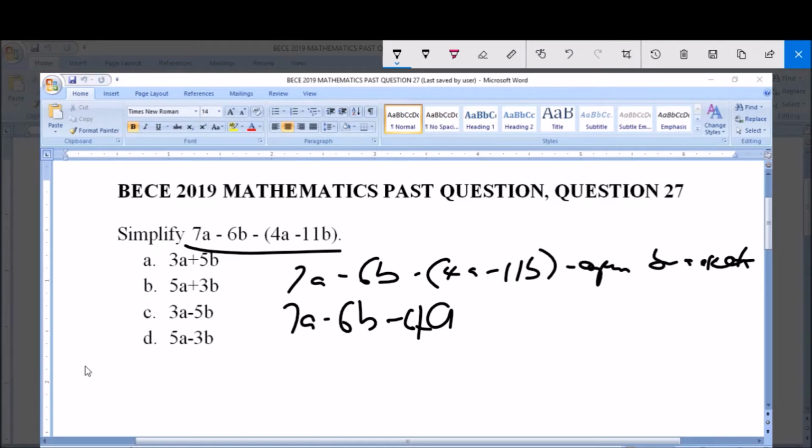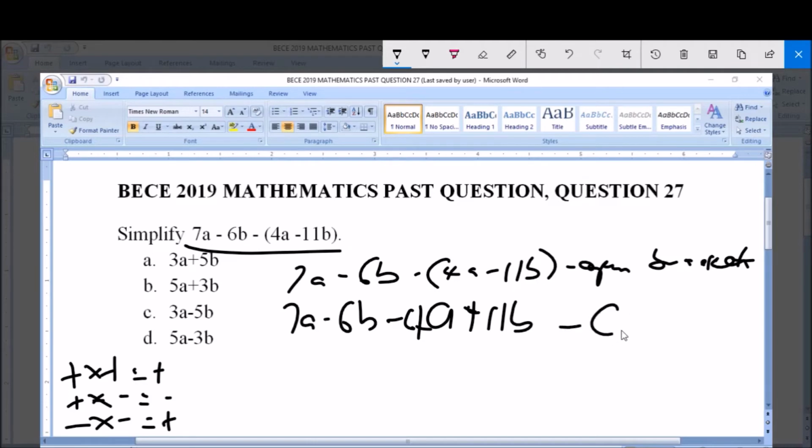If you remember that law that says plus times plus is equals to plus, plus times minus is equals to minus, and minus times minus is equal to plus. I believe we remember this rule. So therefore, because we have a negative sign before the bracket and a negative sign inside this bracket, this negative sign times this negative sign will give us a positive sign. So we have plus 11b.